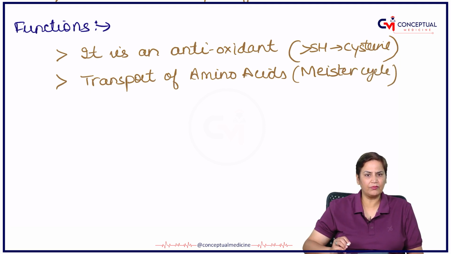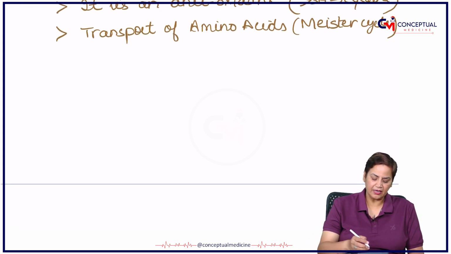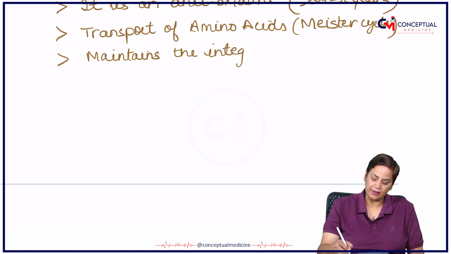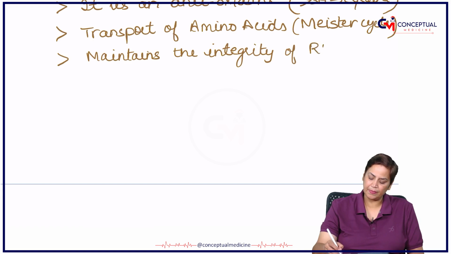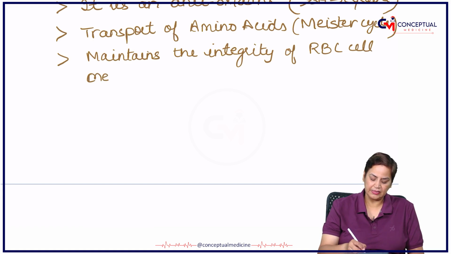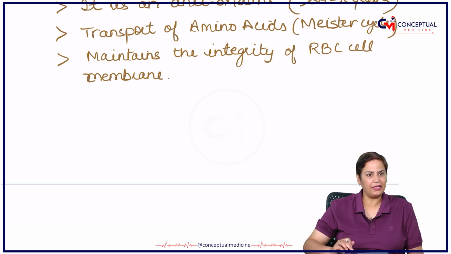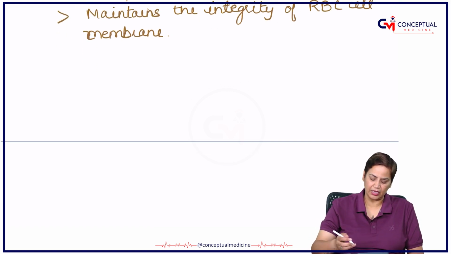This is also a very important feature of glutathione. Then third, it maintains the integrity of RBC's membrane. Very important. Cell membrane. Right. So these are the three very, very important functions of glutathione.